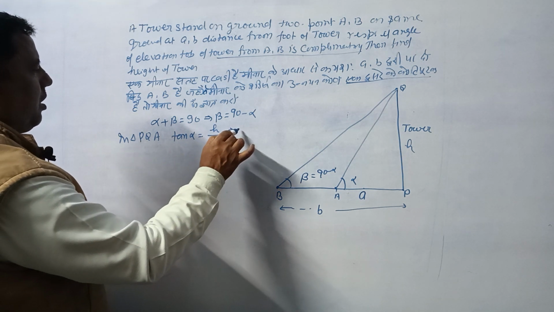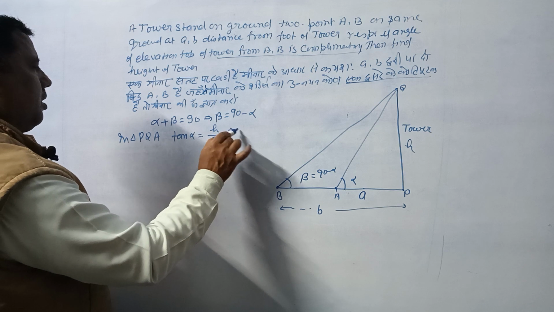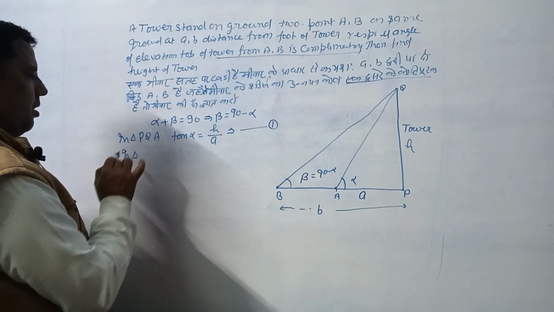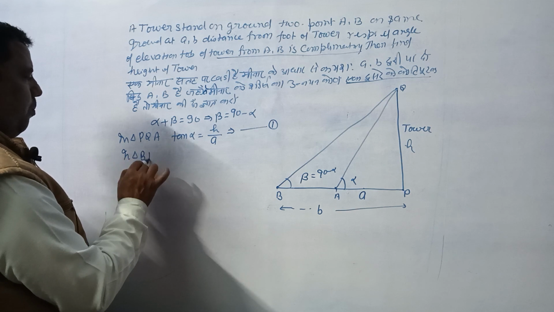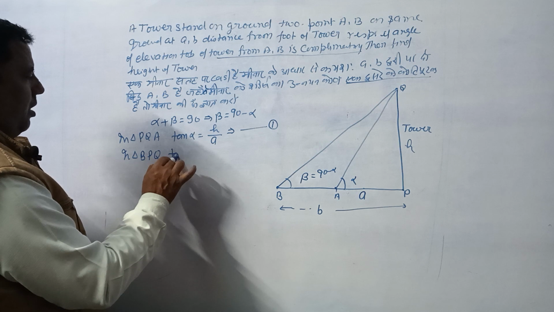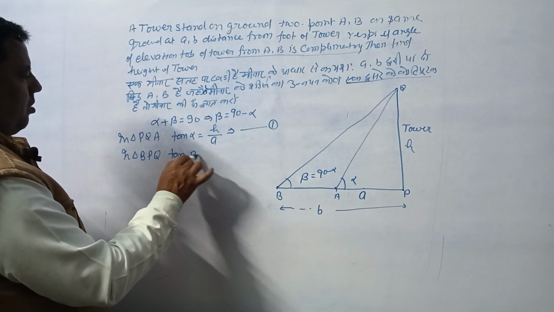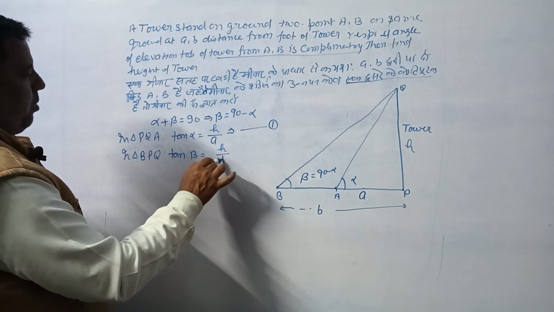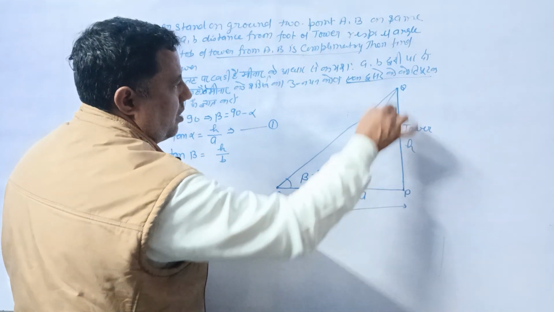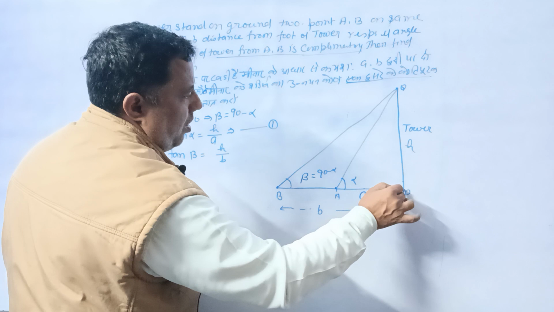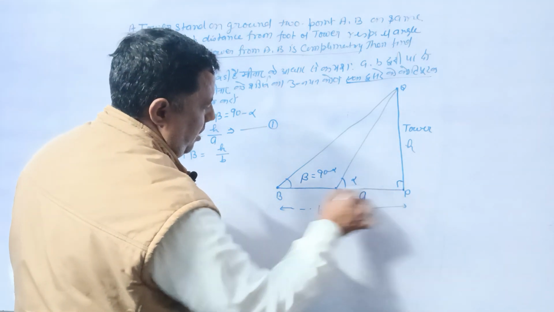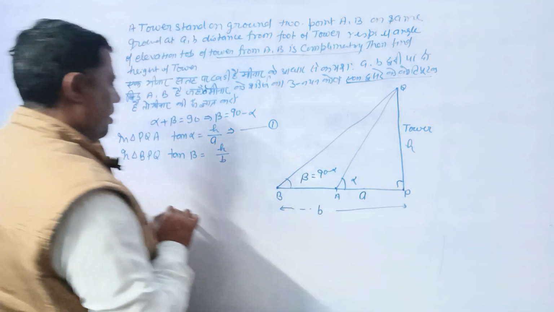That is equation number 1. In triangle BPQ, tan beta equals h upon b. Here the length h is the perpendicular, and this is the base b.